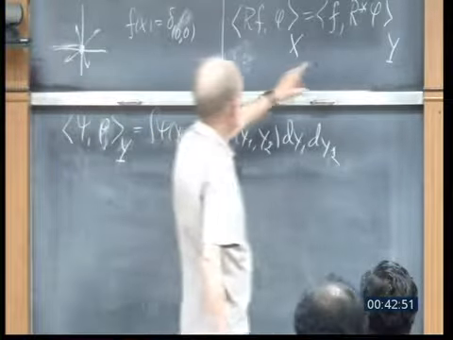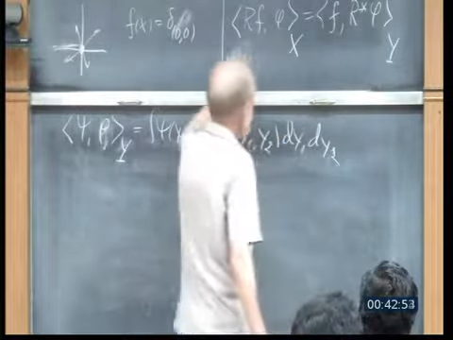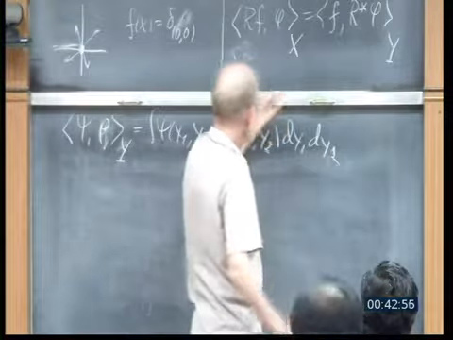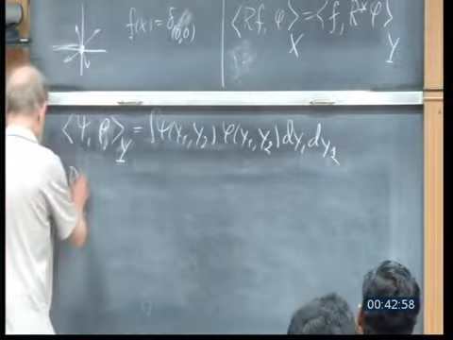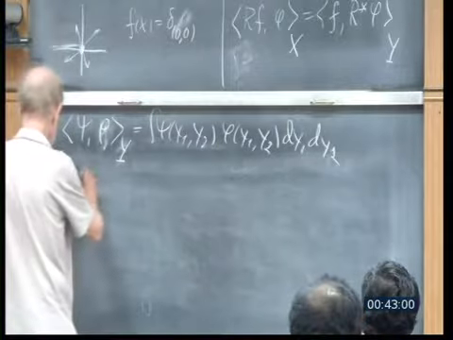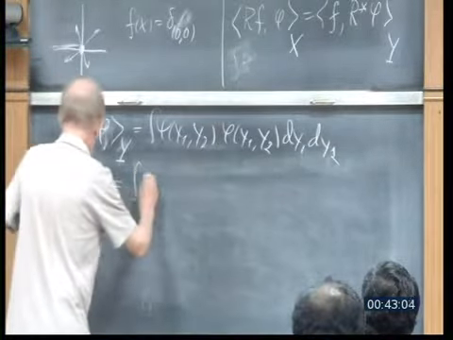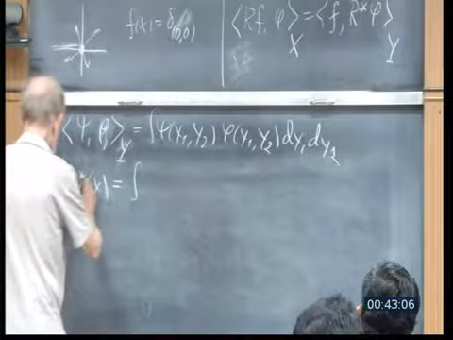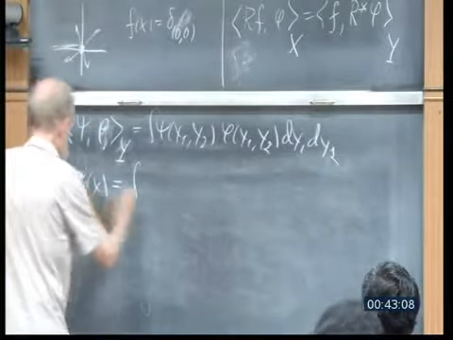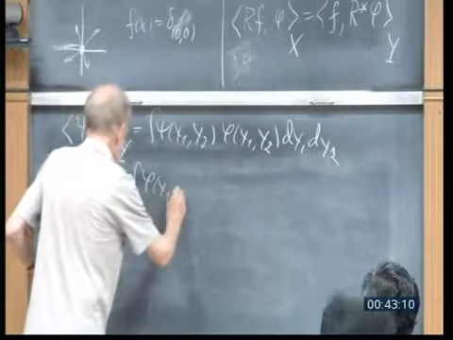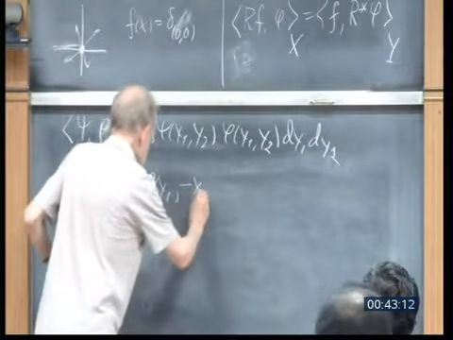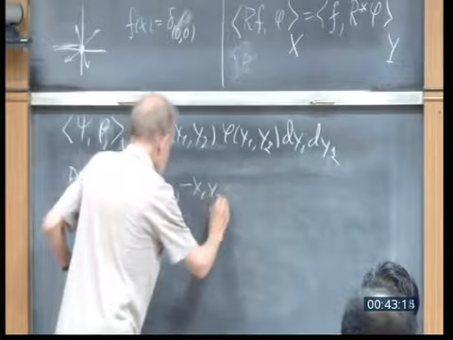Then this formula becomes valid with R star, define R star phi, say, phi of y1, minus, with a little minus sign, but everything else is zero.